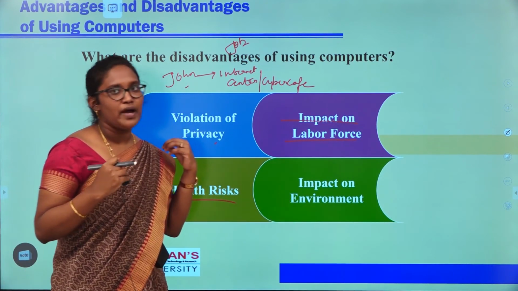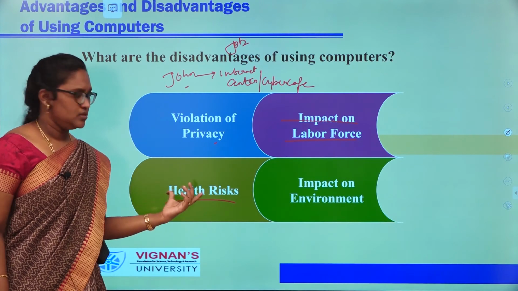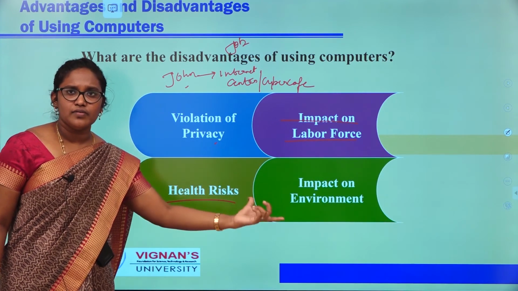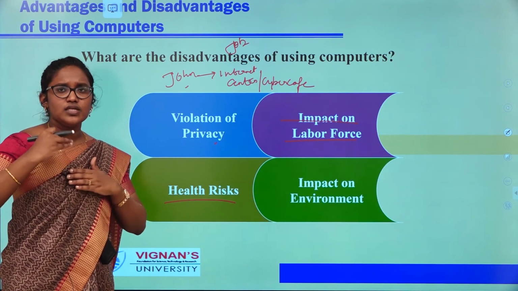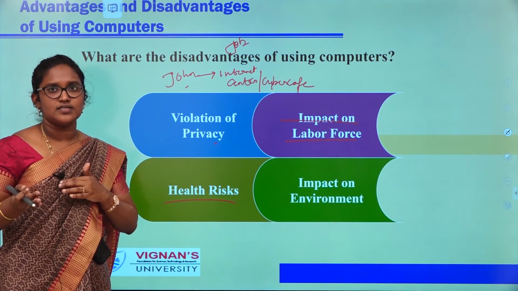Next one is impact on environment. The same thing is applicable here. What does impact on environment mean? When you are using computers, you consume so much electricity, right?